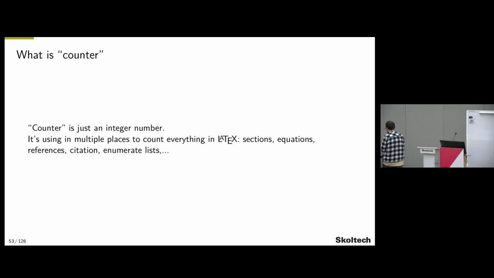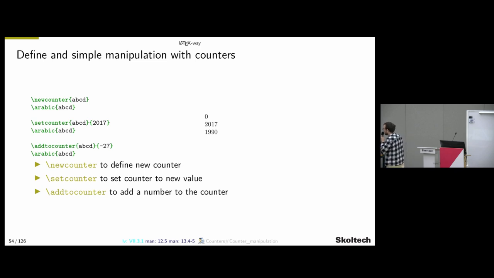Okay, counters. Counters are just integers that are used everywhere in LaTeX. Do you remember lecture 2, when I told you that there are implicit counters for counting sections, equations, and so on and so forth? Now we will meet them explicitly. In LaTeX, these are LaTeX counters.